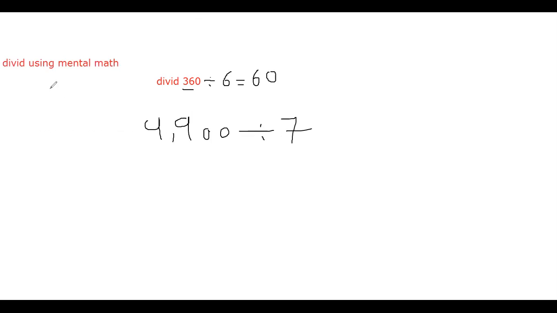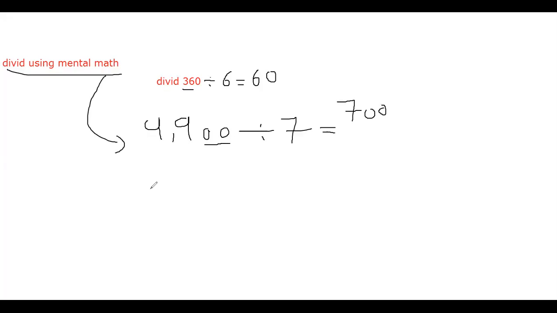So what you will do here, just divide the non-zero digits. When you see the word mental math, divide the non-zero digits. So 49 divided by 7 equals to what? To 7. Then we have 2 zeros left. So the answer is 700.